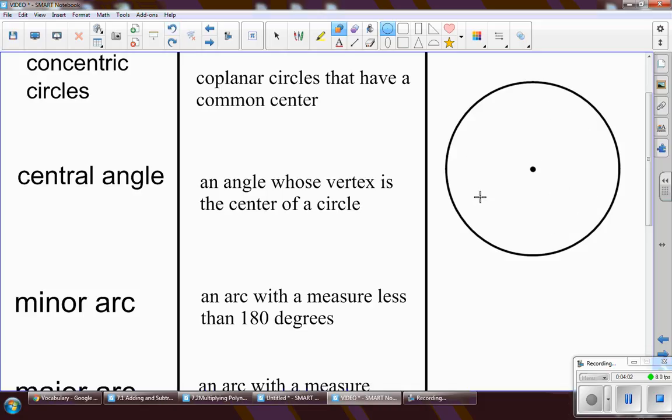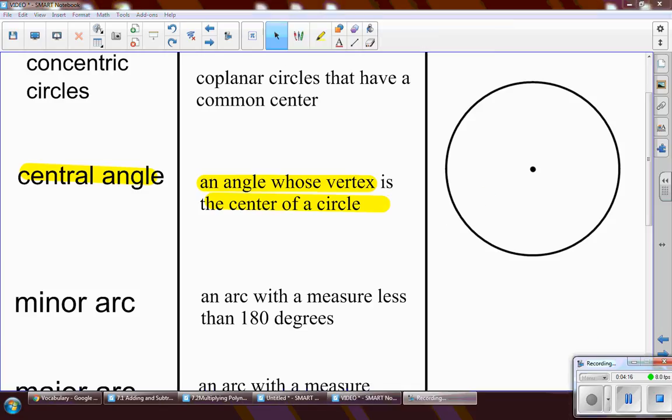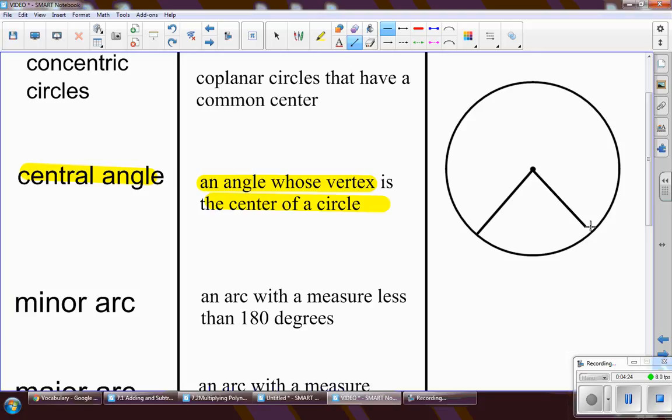All right. Now we're going to check out what a central angle is. An angle whose vertex is the center of a circle. So as long as you got the vertex at the center of the circle, you have a central angle.